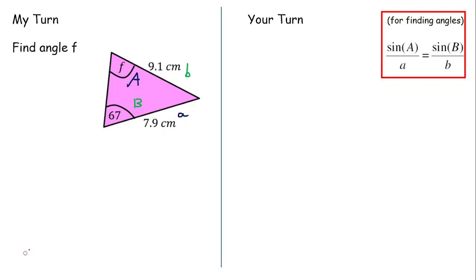And then from here, it's just a case of substitution into our formula, which is this. So we've got sine of your angle A, which is right here. Angle A is F, that's what you're trying to find. So sine of F, and write it in a bracket, over lowercase a, which is your side here, 7.9, is equal to sine of your angle B, which is 67, over your lowercase b, which is your side here, which is 9.1.